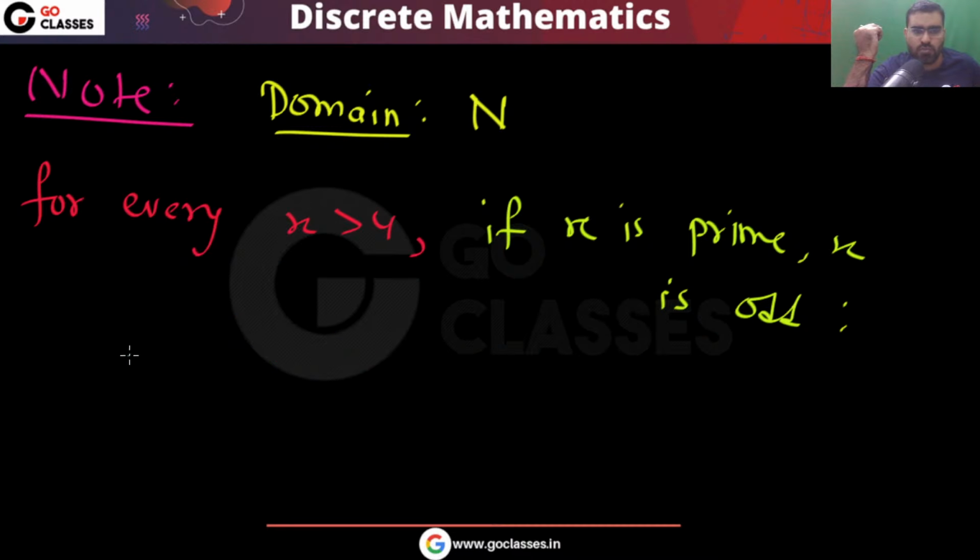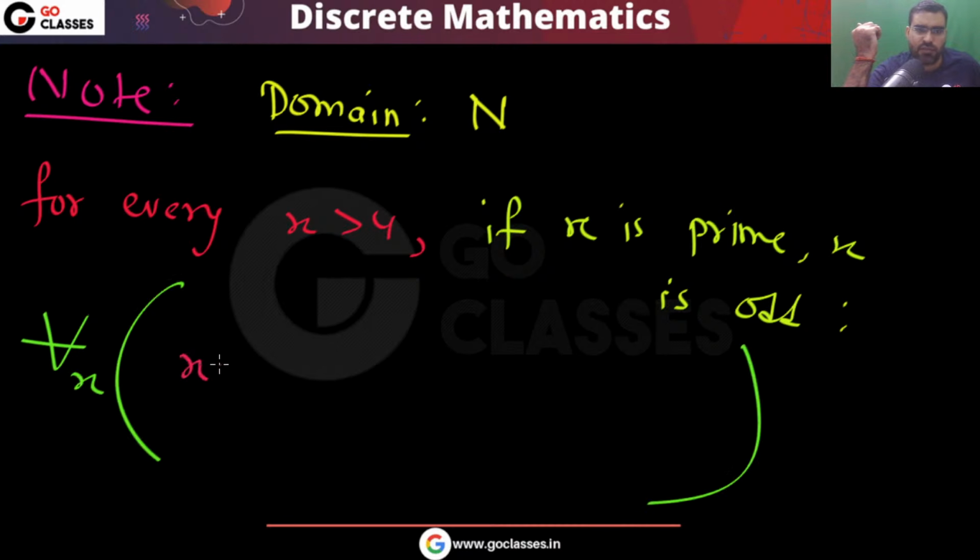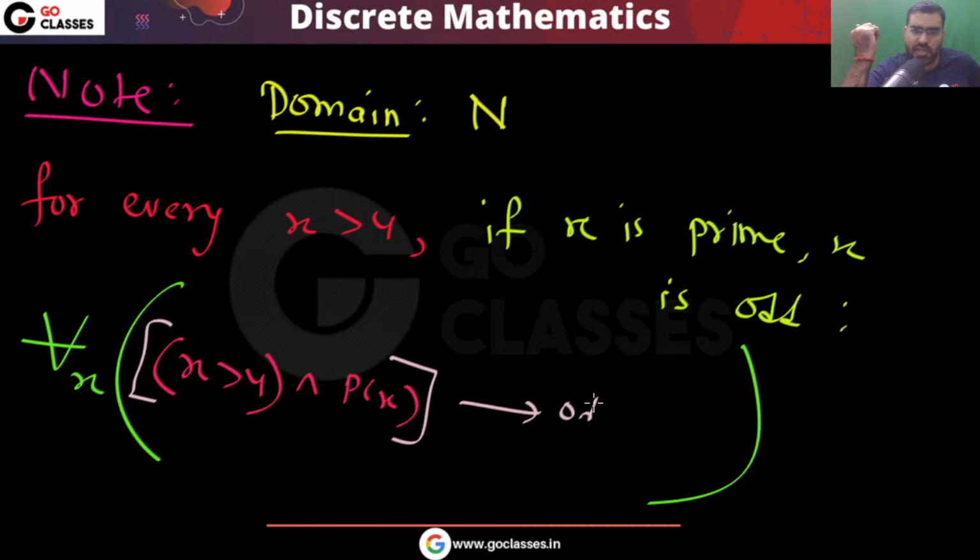Or you can do this: for all x, if it is greater than 4 and it is prime, then it is odd. This is also correct.